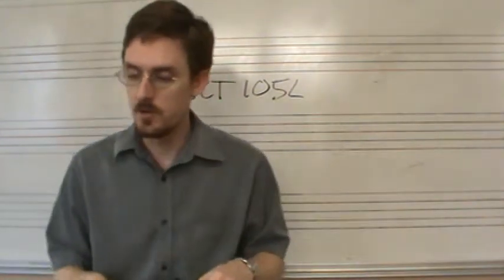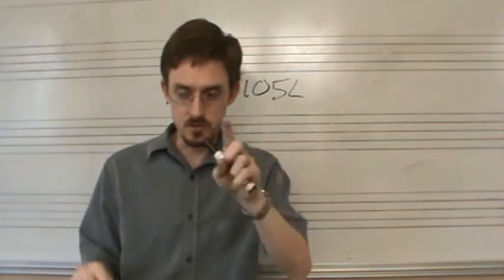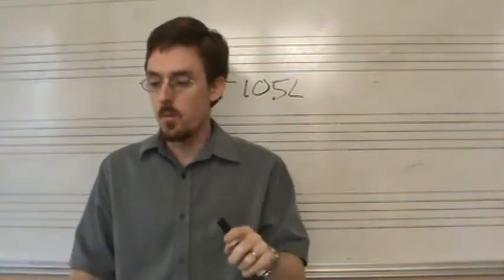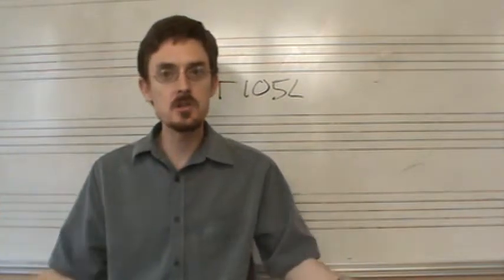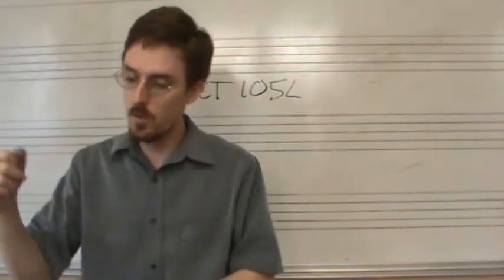Let's give it a try. Number 27, 2 subdivided measures, and then we're in there. 1 and 2 and 1 e and 2 e and do.